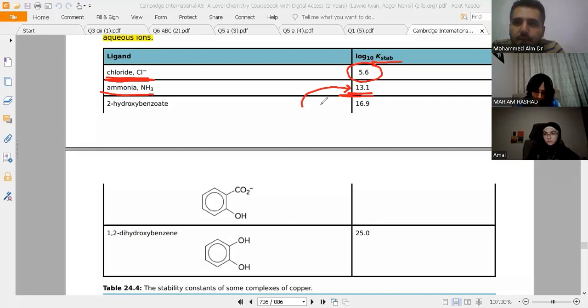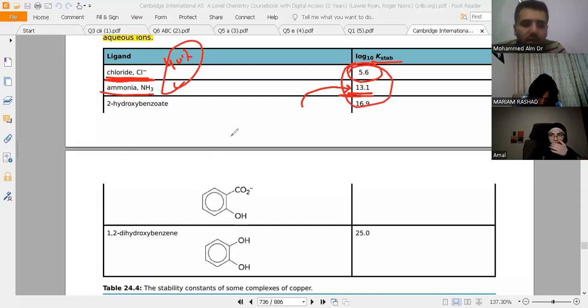Okay? This is very important, guys. Let me say that 40% of the questions about this topic come from this. We have to see which ligand will give me a complex with more Kstab. Then I can judge whether a substitution reaction occurs or not.